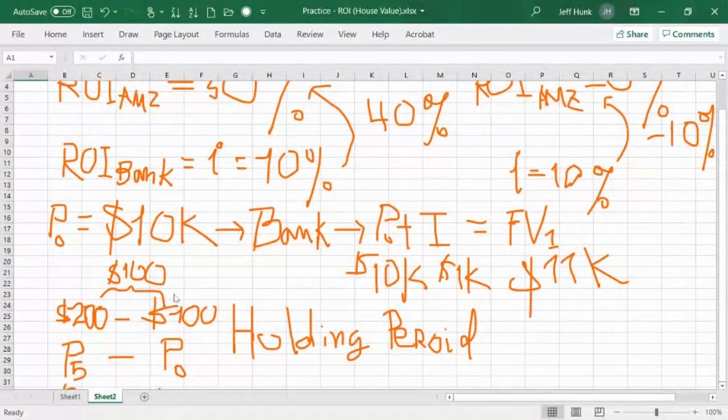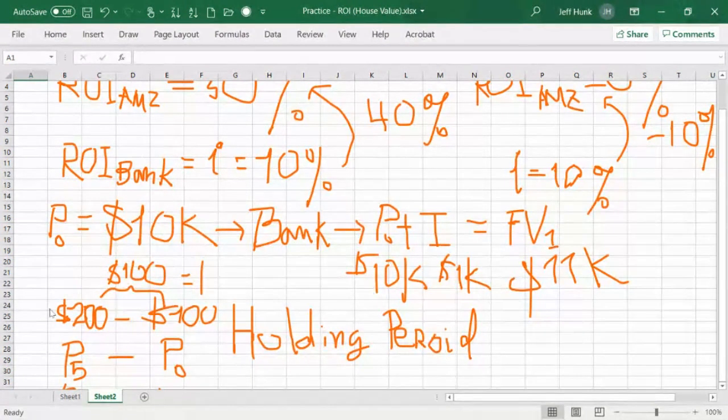So your Amazon share, 5 years later, grew 100%, and its share price is $200. So the increase in share price is $100. And what is this called? Return on investment?